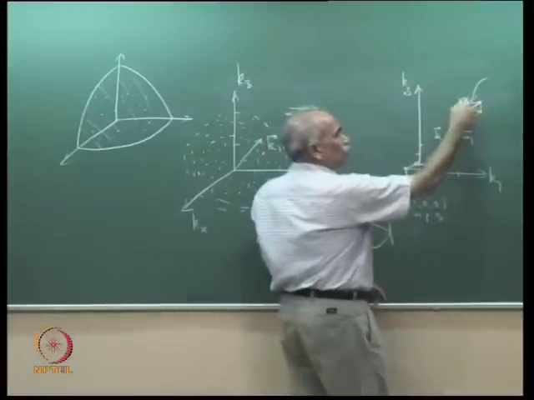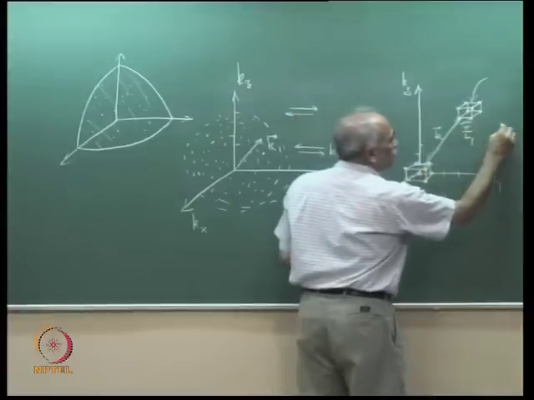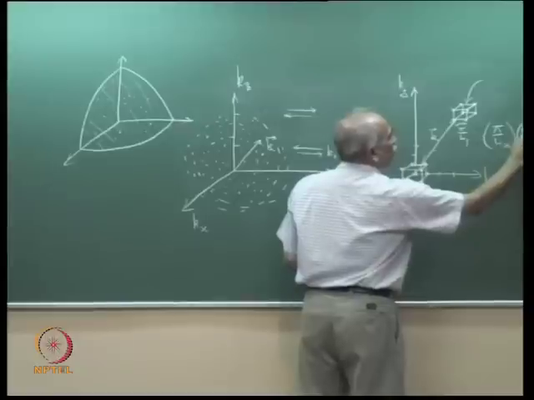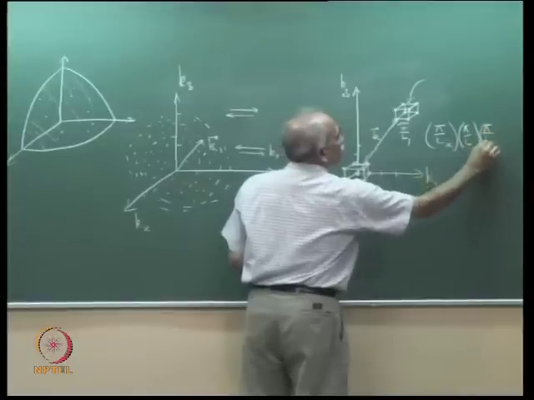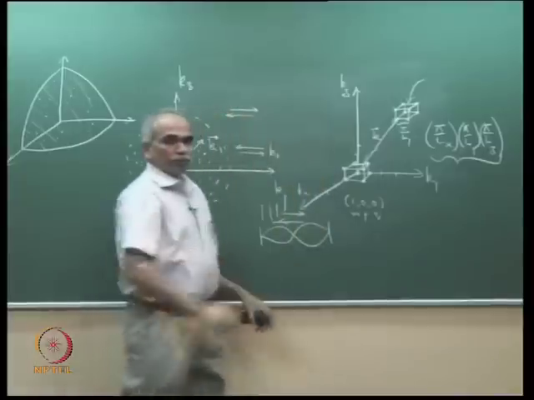What is the volume of this cube here? The volume is pi by Lx into pi by Ly into pi by Lz. So this is the volume of the cube.